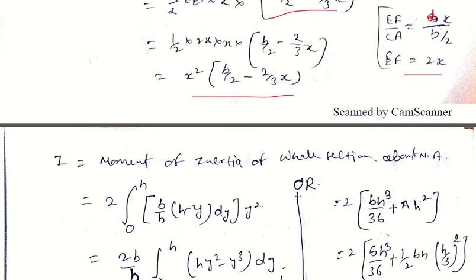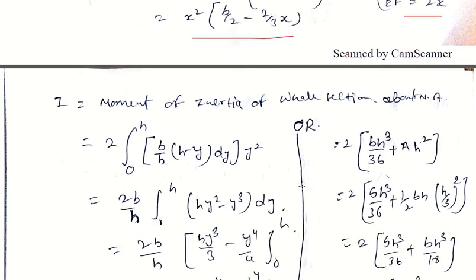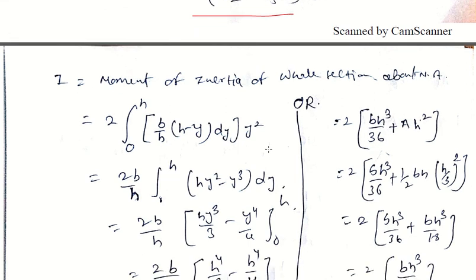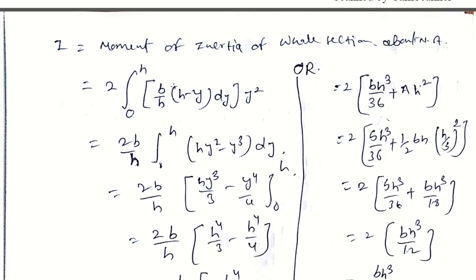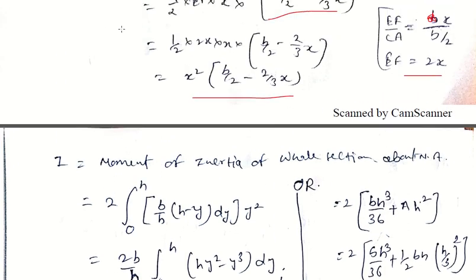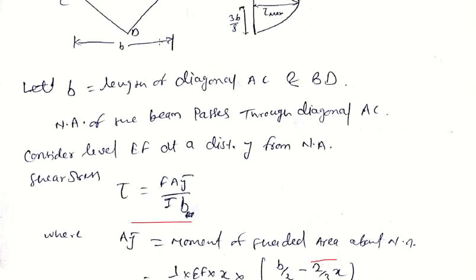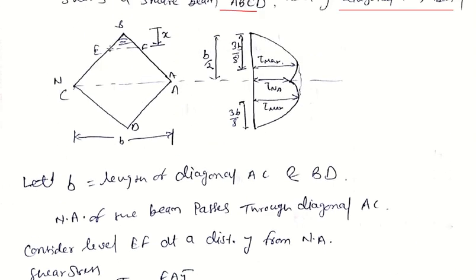Now the moment of inertia. For the calculation of the moment of inertia there are two methods. First is by integrating, and second is the parallel axis theorem. Both give the same result. First, in integrating, we consider an element of dy thickness.